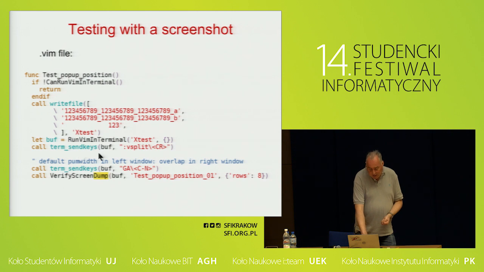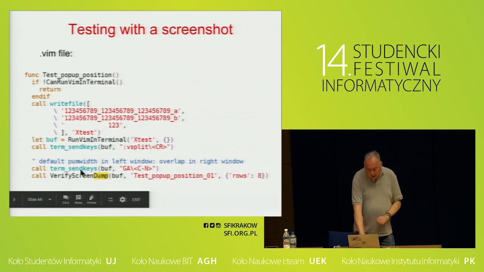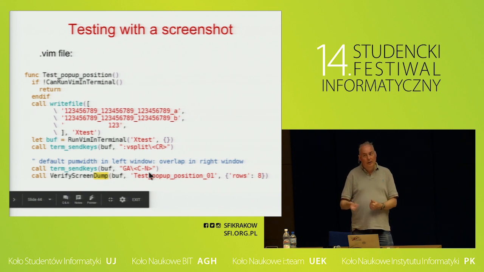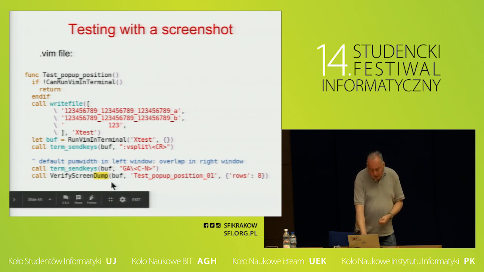And then it sends some keys that say split. So a vertical split. So then you have two windows. And it sends some keys, and in this case, it's go to the end, append, and Control-N is autocomplete in the next. So it does an autocomplete, which then opens a pop-up menu.